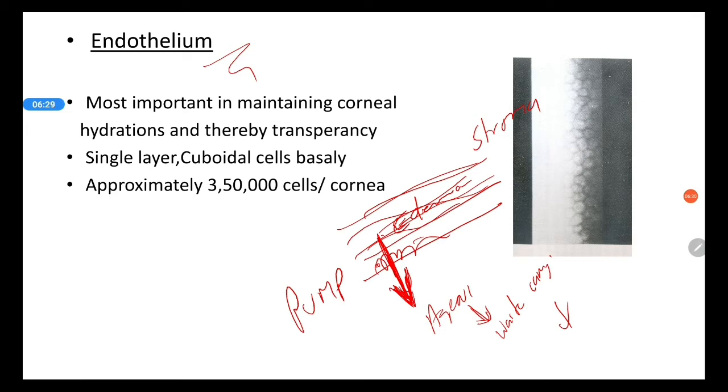Now, the endothelial pump helps in maintaining the corneal hydration, and thereby the transparency of the stroma is well maintained.